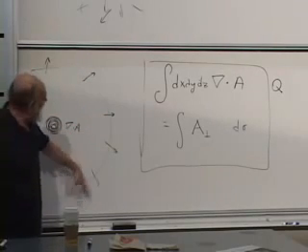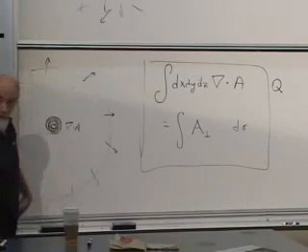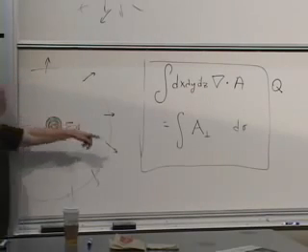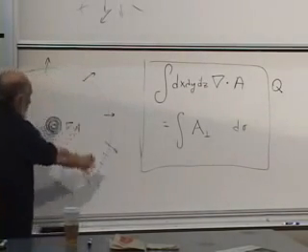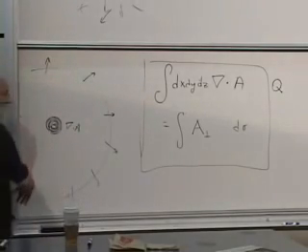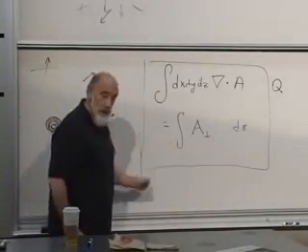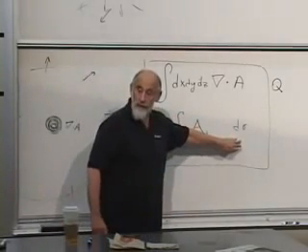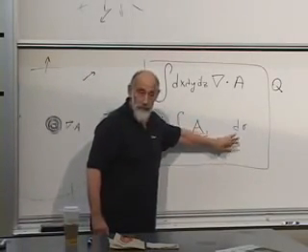Why is it the same? Because everything has spherical symmetry. The A that appears here is constant over this whole sphere. So this integral is nothing but the magnitude of A times the area of the total sphere. Right?